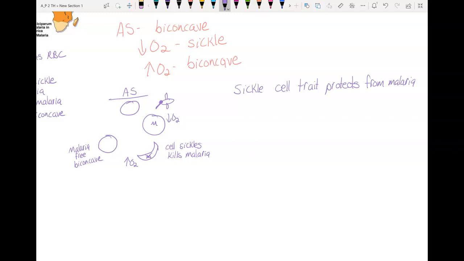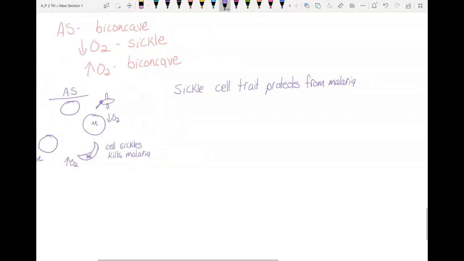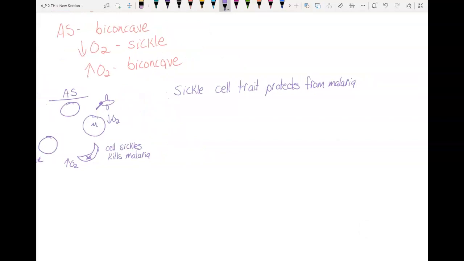So if we look at a scenario, if you live in a place where there is a lot of malaria, you could have 3 different options of what genes to have. If you are AA, you might die of malaria. Millions of people die of malaria every year. If you are SS, you will probably die of sickle cell anemia.